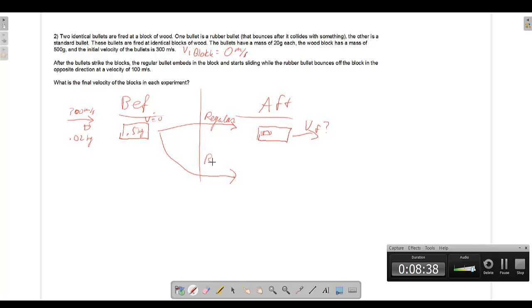The rubber one bounces off the block, which also starts moving with some velocity v final that we don't know, and we happen to know that the bullet bounces off at a velocity of 100 meters per second. So about a third of the velocity it was moving with initially. And so the question here is, what are the two v finals for each experiment?